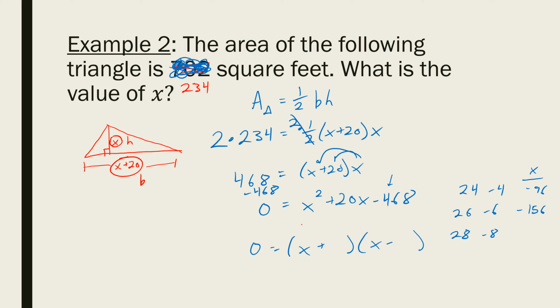Okay, still not big enough. I need to up it a lot. This was only 224. I'm not guessing intelligently. Let's try maybe 38 and negative 18. 38 times negative 18. That's way too big, negative 684. So maybe somewhere right in the middle. How about 34 and 14? Let's try this. 476.